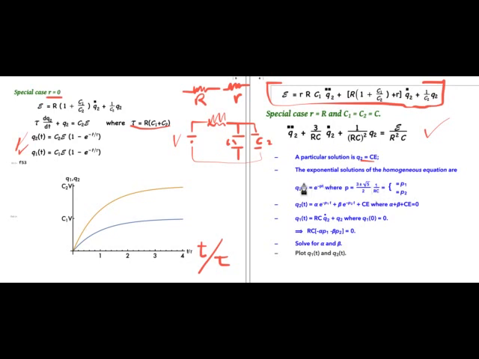So there are actually two solutions with the right-hand side set equal to 0, corresponding to P1 and P2. And in general, Q2 at time t will be the particular solution plus alpha e to the minus P1 t plus beta e to the minus P2 t. And you have to satisfy the initial condition. So Q2 at 0 would be alpha plus beta plus CE. That has to be equal to 0. That's the initial condition.